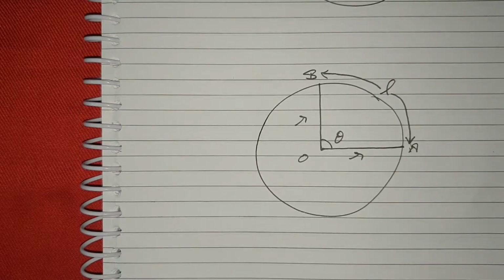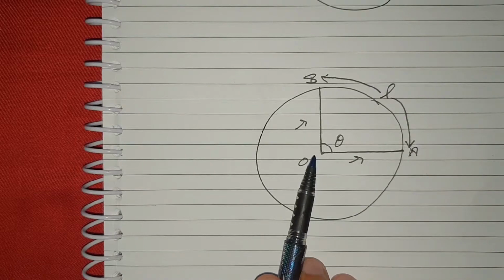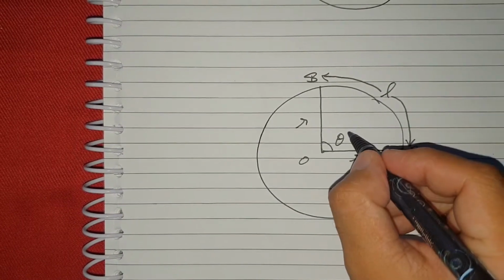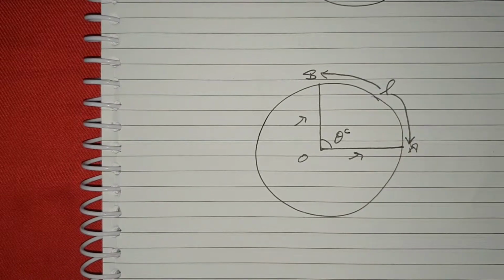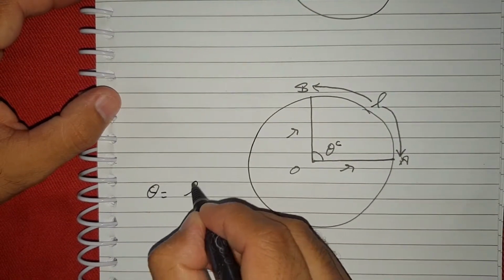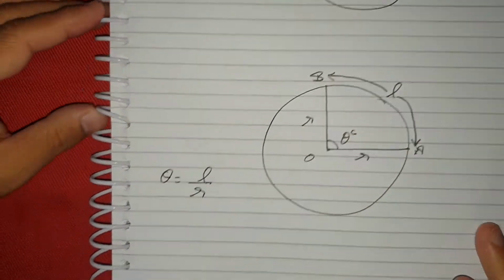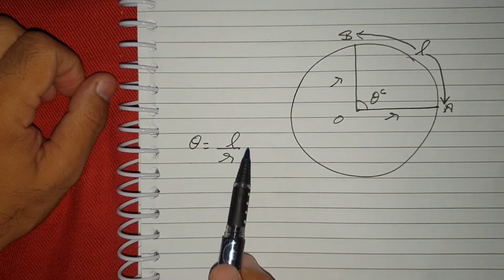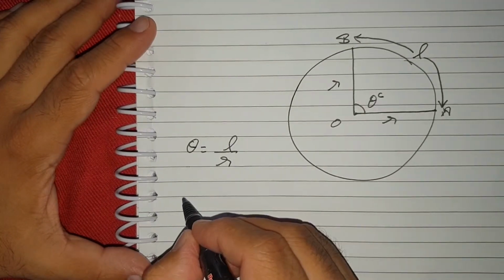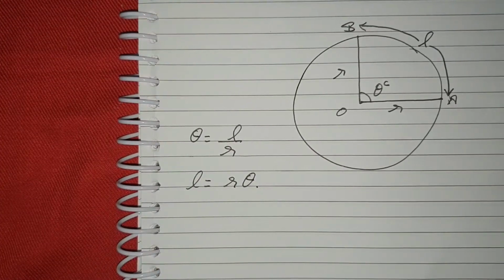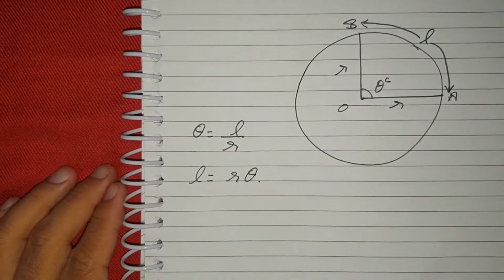In a circle of radius r, if an arc of length L subtends an angle theta, consider this as radian, at the center of a circle, then the relation is theta equals L by r, means this angle is equal to arc by radius, or L is equal to r theta. So this is the relation in radian.